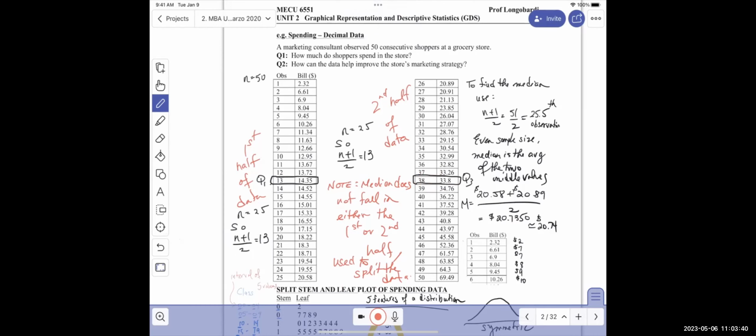In general, you can, in your ordered list or even from a picture of the stem and leaf, you could do it. The problem here is you have to remember to go back to the original numbers to actually get the original spending. Can't use the graph exclusively if you have the data. The data is better. All right, so that's Q1 and that's Q2. Q3, sorry.